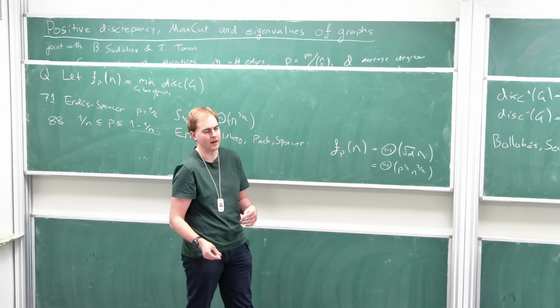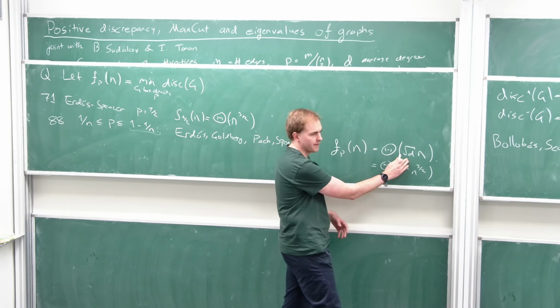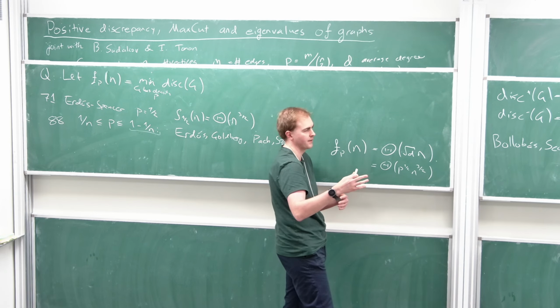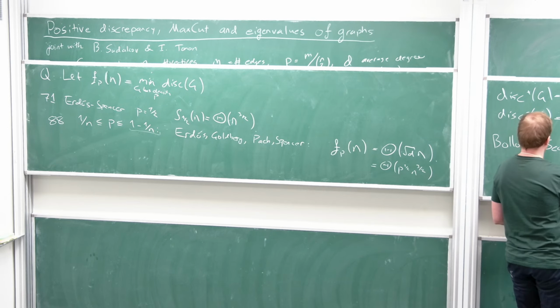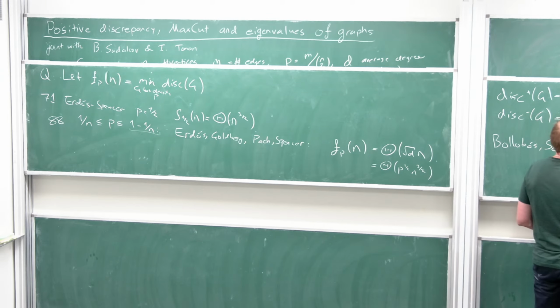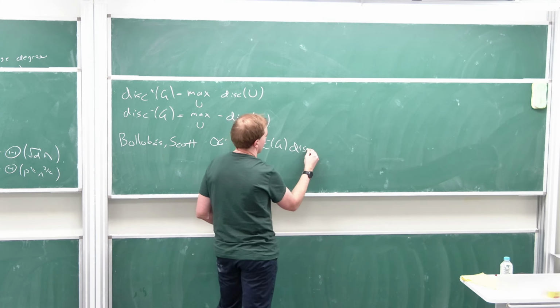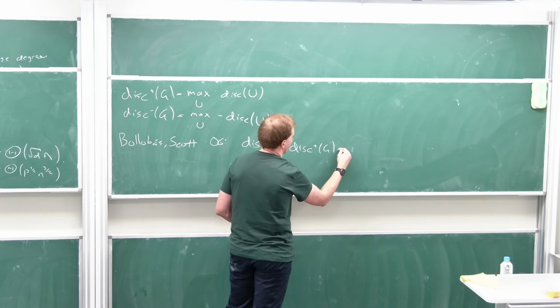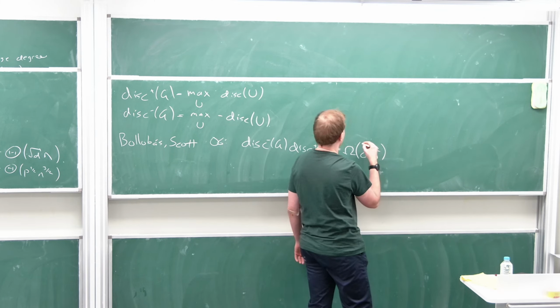Or to put it differently, if one of them is substantially smaller than this one, the other one has to be much, much larger in a multiplicative sense. So they prove their product is always at least dn squared.